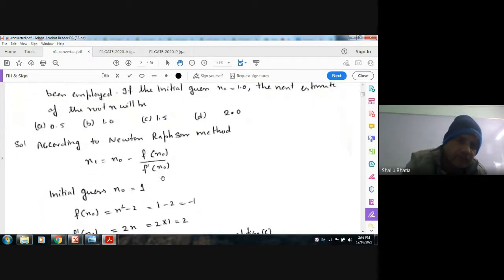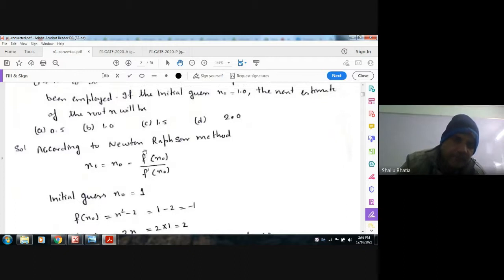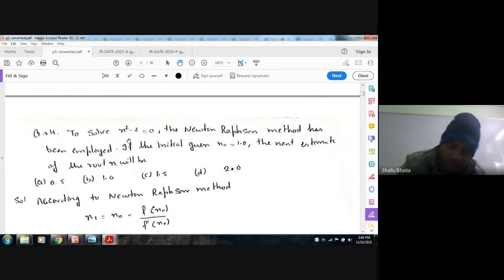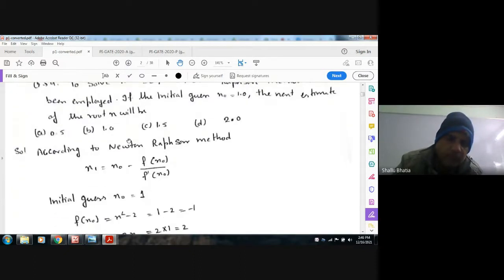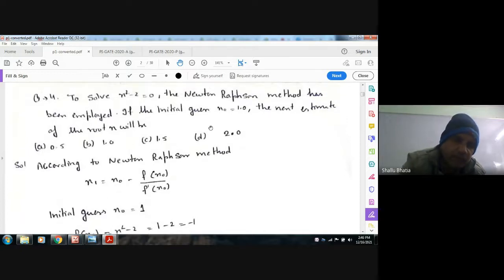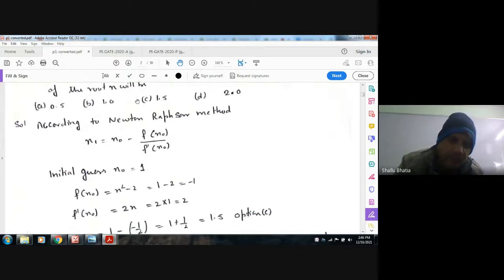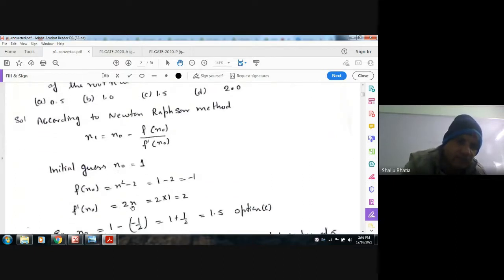So f(x0) is x² - 2. If the initial value x0 is 1, it will come out as 1 - 2, that is -1. And f'(x) will be 2x, so if we put x = 1, it will be 2.